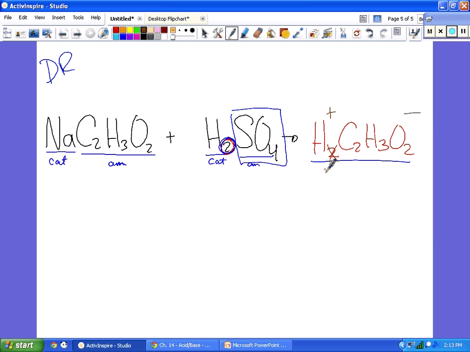Number 2, this is also wrong. Please, since you see, oh, well, there's a 2 right there, I'm just going to plug in a coefficient. Again, that's wrong. You write your formulas as you need them based on their charges and then balance at the very end. It may be that case, but don't do it until the very end. Okay? All right, so now, we know that this is not correct, so let's correct it.